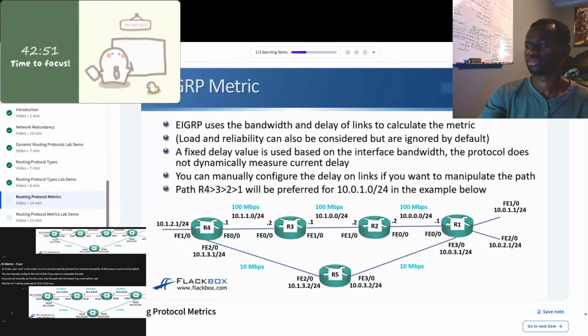The last IGP we have is IGRP, and it uses the bandwidth and delay of links to calculate the metric.